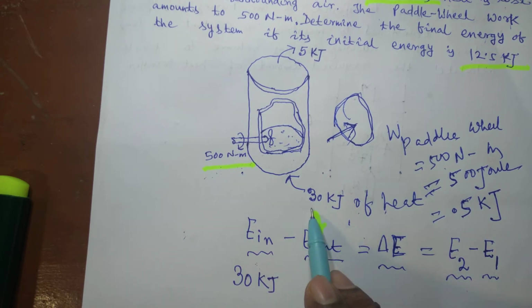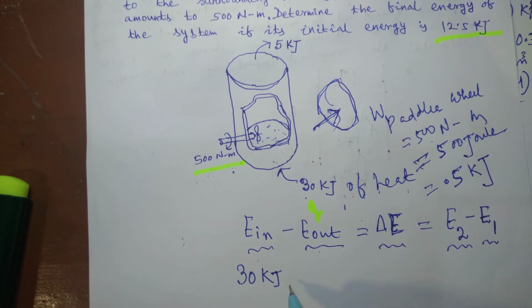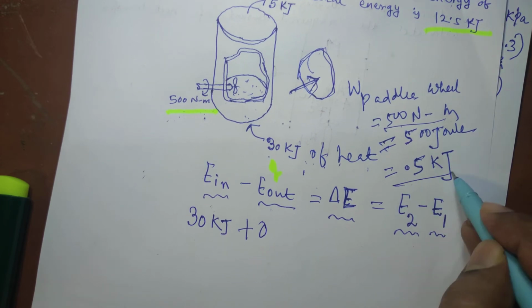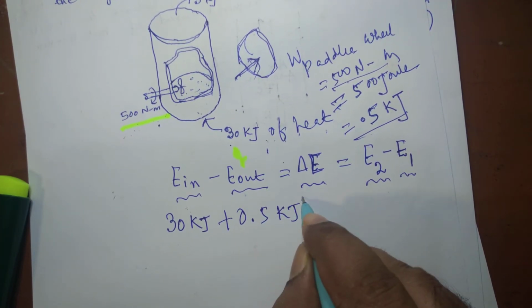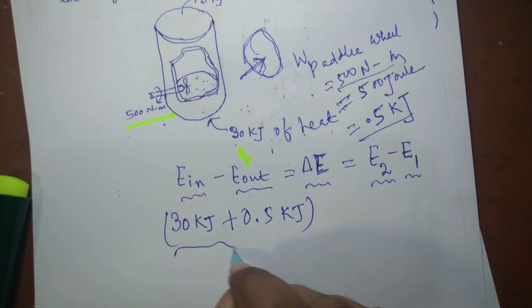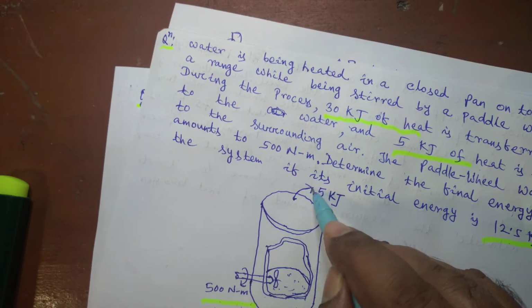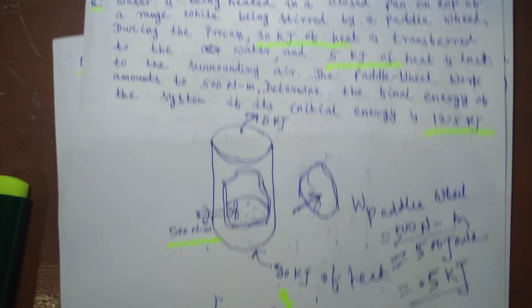And this is 30 kilojoule of heat enters the system, and again plus that 500 Newton meter, which is equal to 0.5 kilojoule. So 30 kilojoule plus 0.5 kilojoule. This is your E in. And E out is this energy. This energy is the only energy that leaves the system during the process, and it amounts to 5 kilojoule.